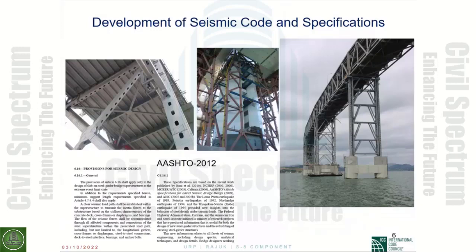The photo on the right shows the towers of the Richmond-San Rafael Bridge, where we have the shear links between the eccentric braces. The photo in the middle is part of the tower of the Bay Bridge, and in between is the shear link, the one I showed you before.